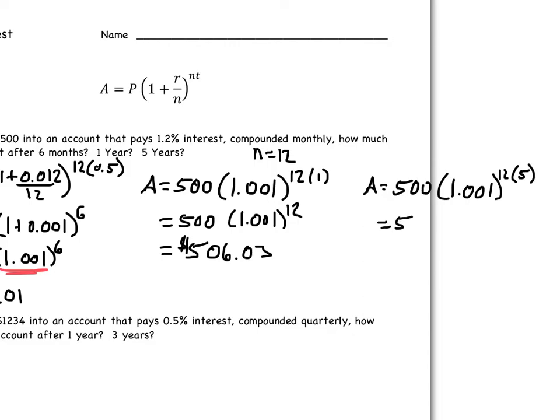So that means we have 500 times 1.001 raised to the 60th power. So then you get $530.90 after 5 years.